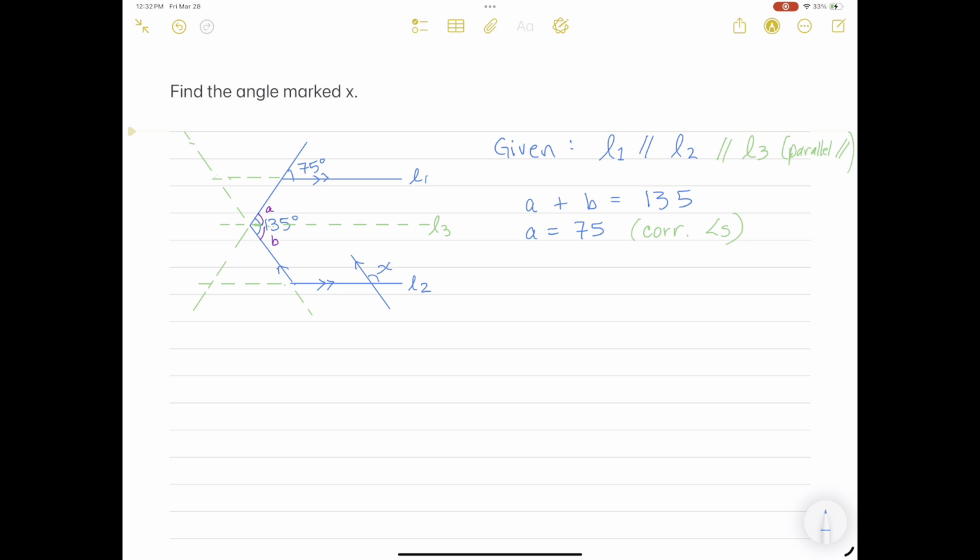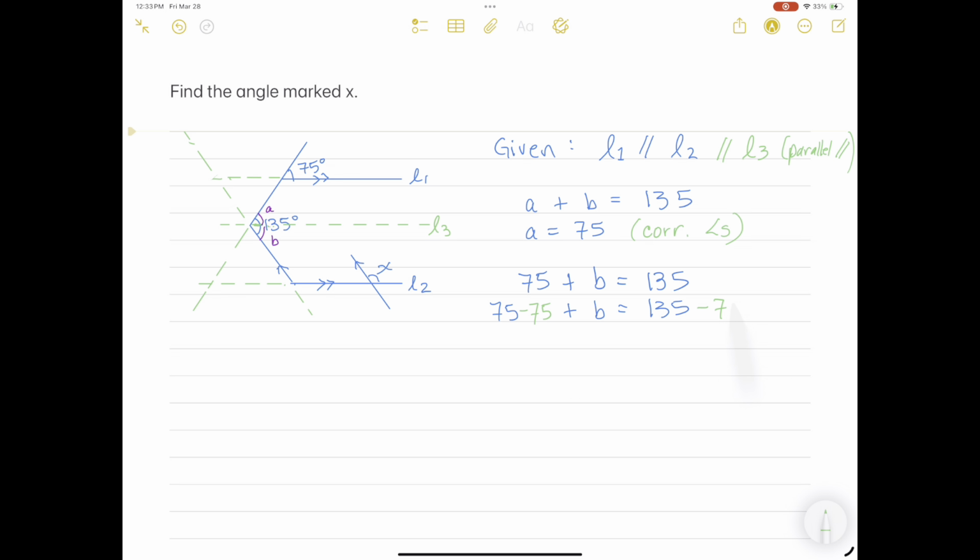And we use this to substitute 75 for A in the equation above. A plus B equals 135, and we substitute 75 for A, so we have 75 plus B equals 135. We subtract 75 from both sides of the equation.